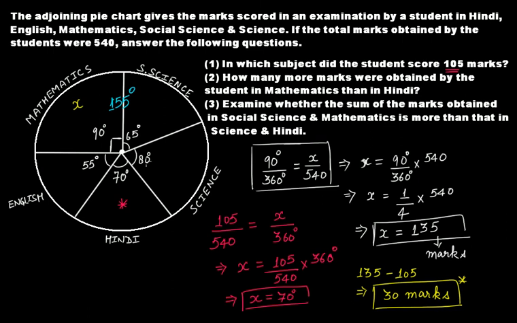And in this case, it is 150 degrees. These two sectors, because you have been asked for social science and mathematics, and science and Hindi. So the total angle made by these two sectors at the center is 155 degrees, and the total angle made by these two sectors is 150 degrees. So clearly, the combined marks of social science and mathematics are greater than the marks obtained if you add the other two subjects together.